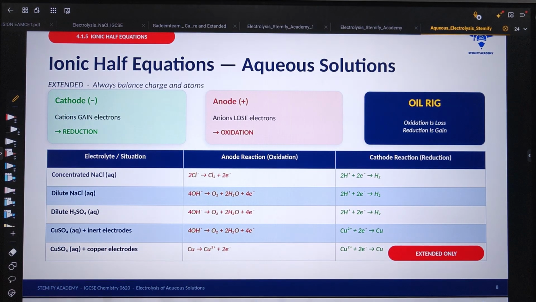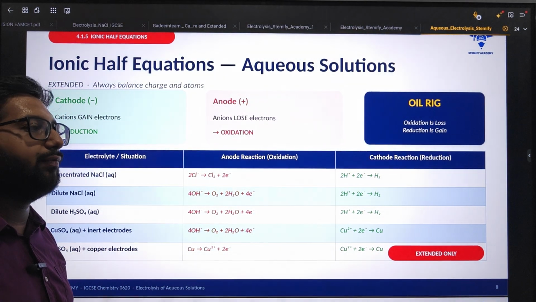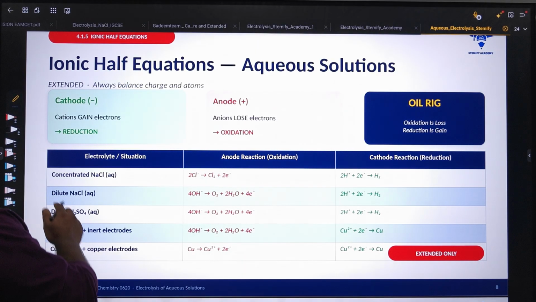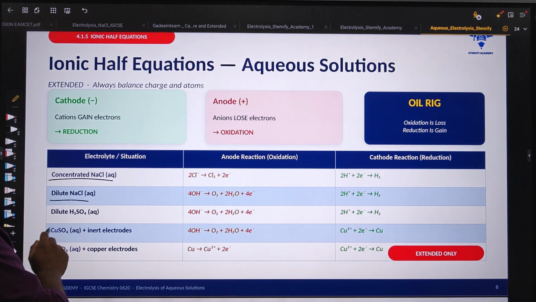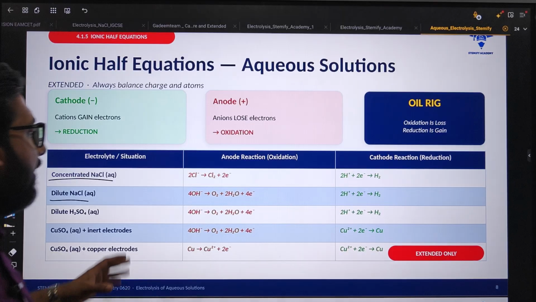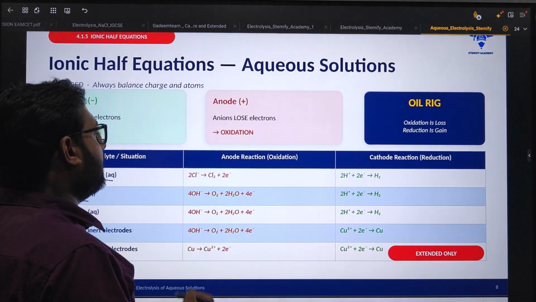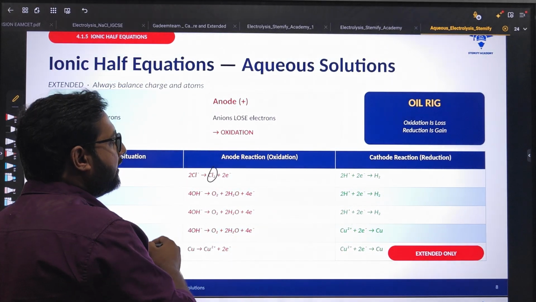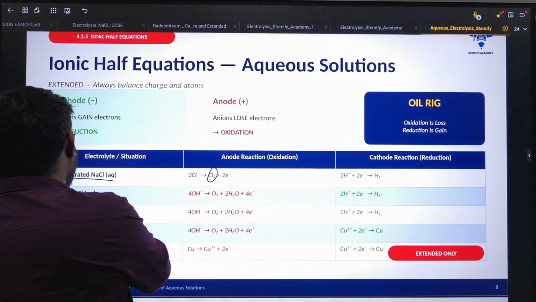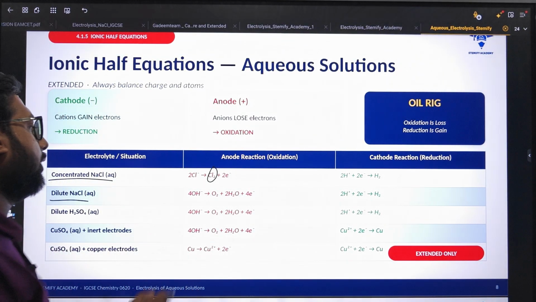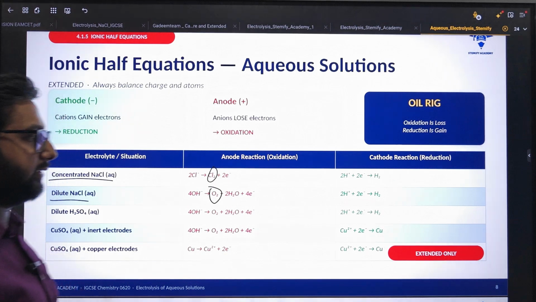So these are the different half ionic equations of different aqueous solutions. For concentrated NaCl, at the anode you are getting Cl2, and in the dilute solution, at the anode you are getting oxygen gas.